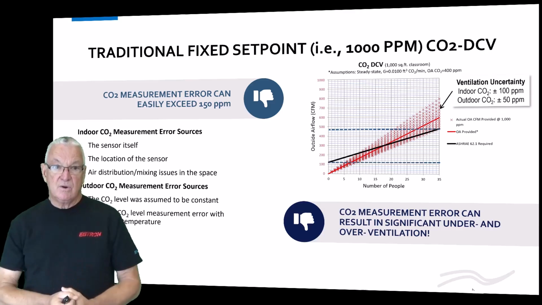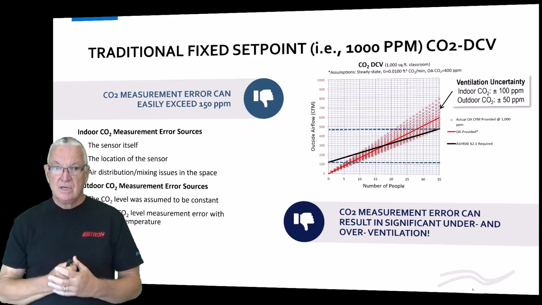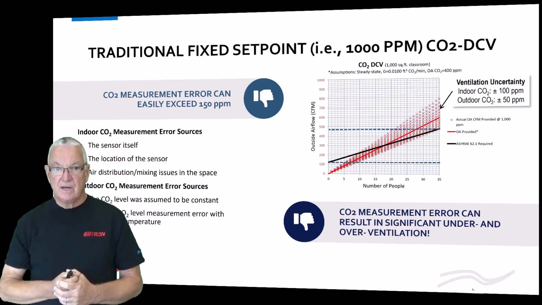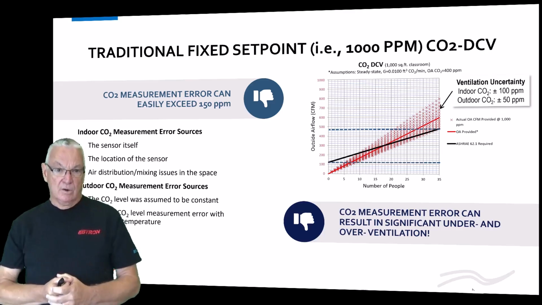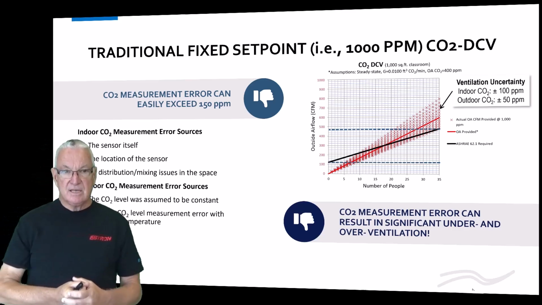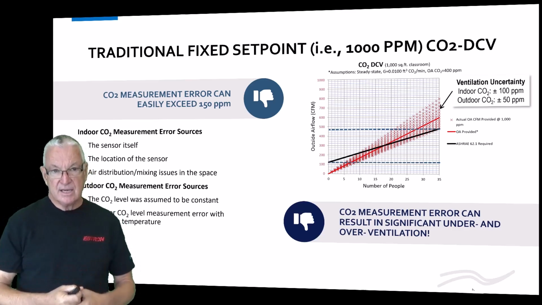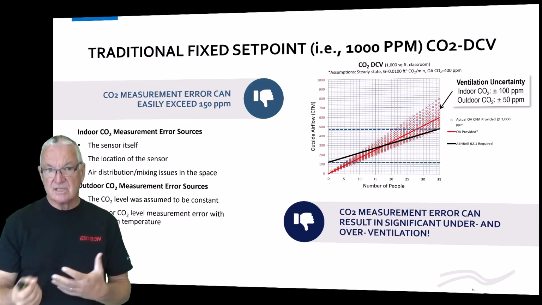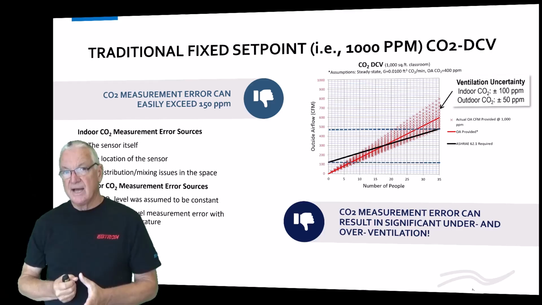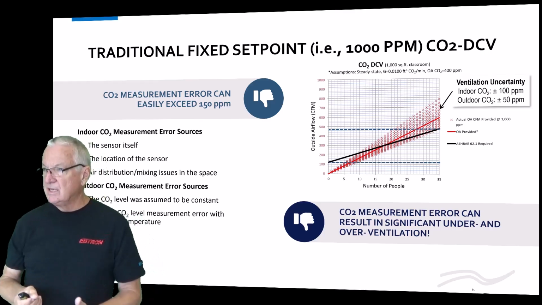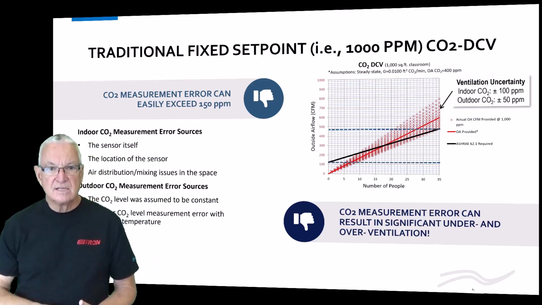Okay, so the question then is, how much does the CO2 sensor measurement influence what we're doing here? When we look at the measurement error, it's how much the sensor itself has some inherent error in it. But what not a lot of people look at, and unfortunately I don't have enough time to put it all in here, is where the sensor is located.